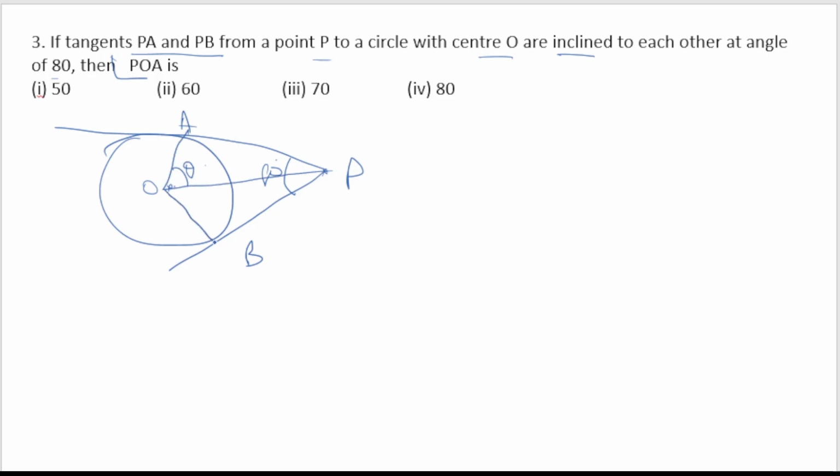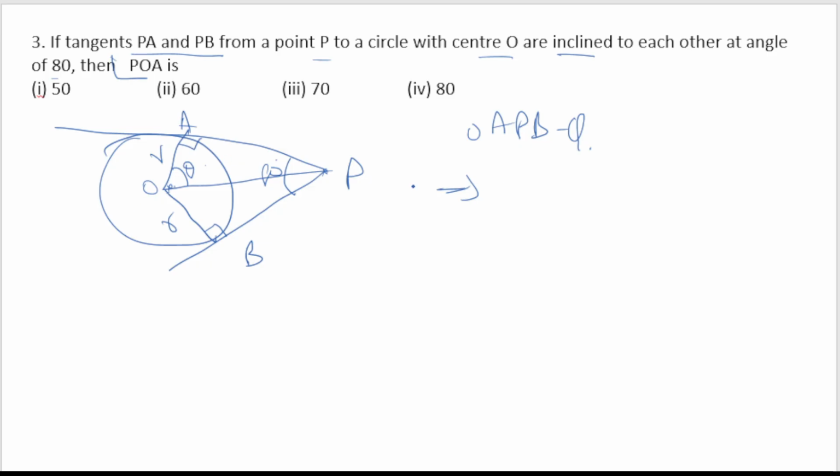So we will join OB here. OB and OA are both radii, and AP and PB are both tangents. So tangents are perpendicular to radius and this forms a quadrilateral. OAPB forms a quadrilateral and the sum of angles is equal to 360 degrees.